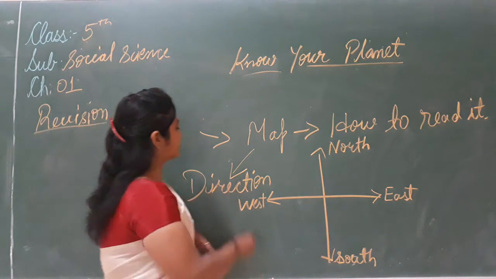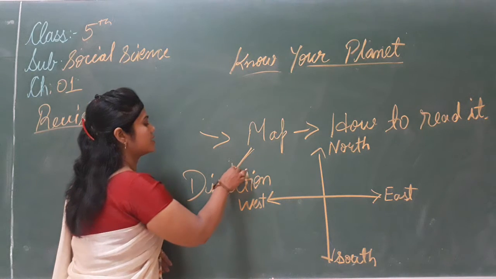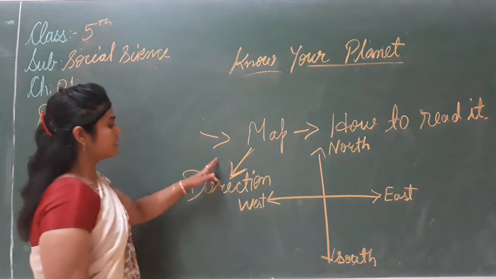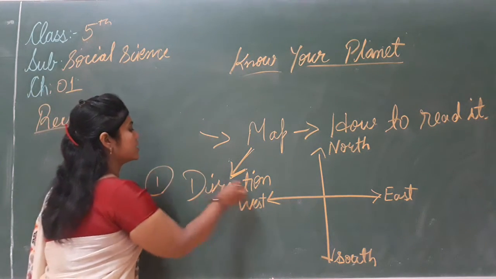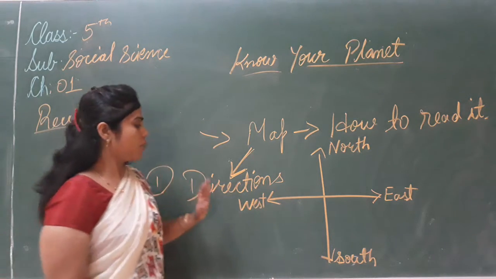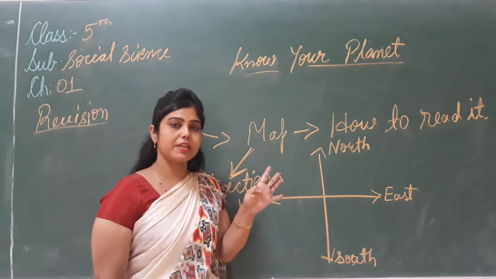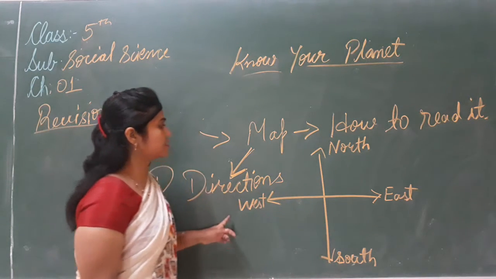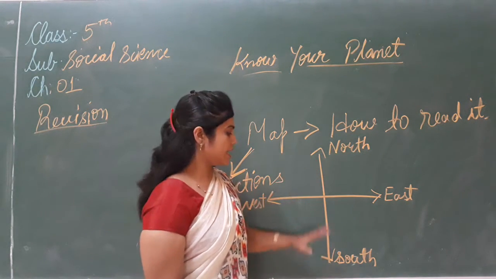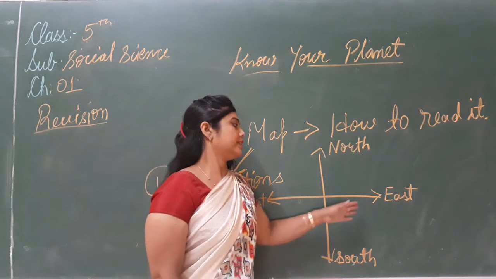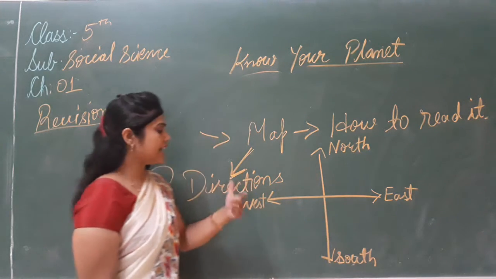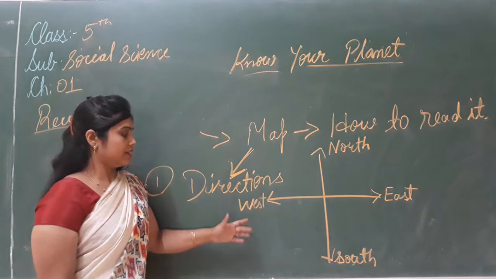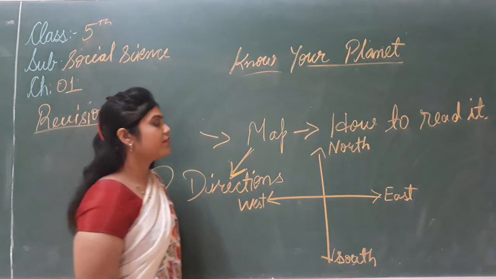This is one of the basic features of a map. First is the directions. There are four major directions: north, south, east and west. At the top north, at the bottom south, at the right side east, and at the left side west.